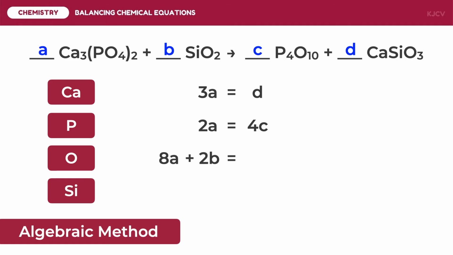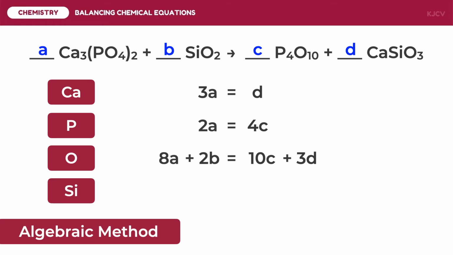The same case is present on the product side. Since there are 10 oxygen atoms in tetraphosphorus decoxide, we have 10C. This is added to 3D of calcium silicate. In short, oxygen is represented by 8A plus 2B is equal to 10C plus 3D.